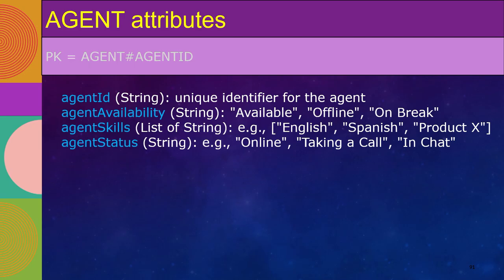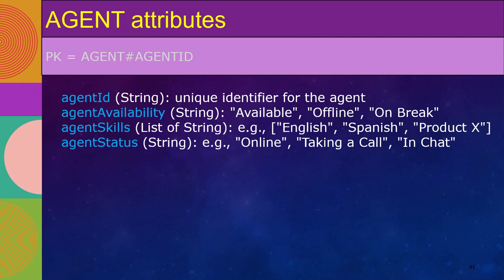So what I want to do is say, what are the agent attributes here and what do I really need? When I'm searching for an agent, I'm maybe searching for certain things like, is the agent online? Is it offline? Is it talking on a call? Whatever it may be.